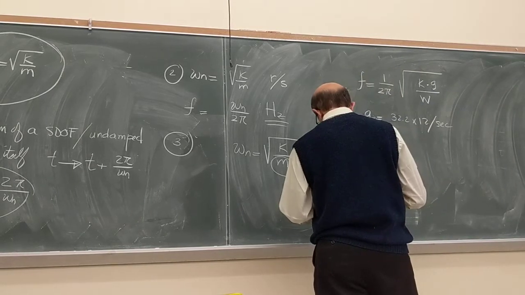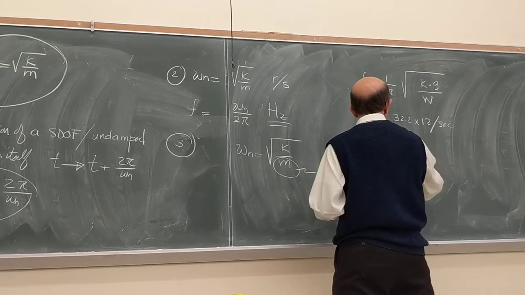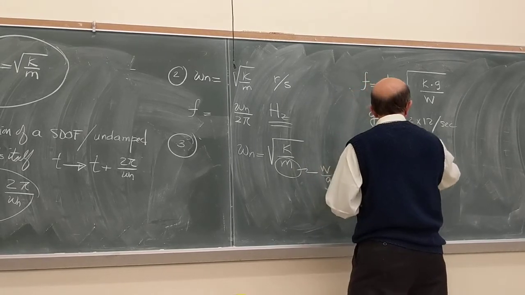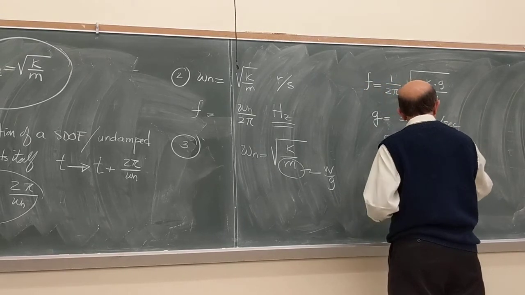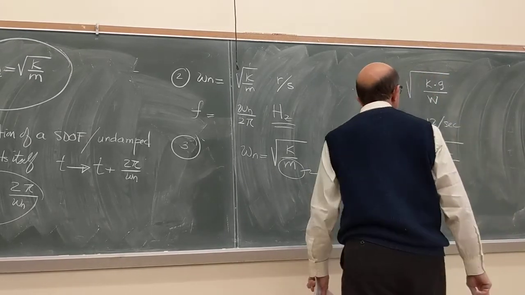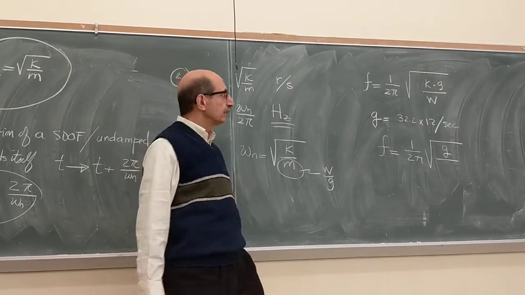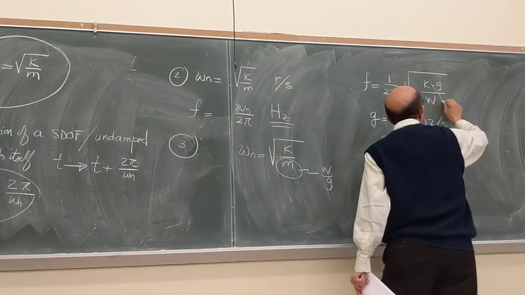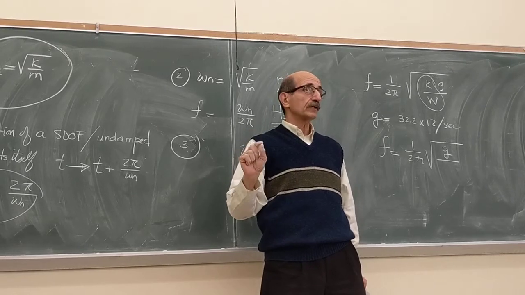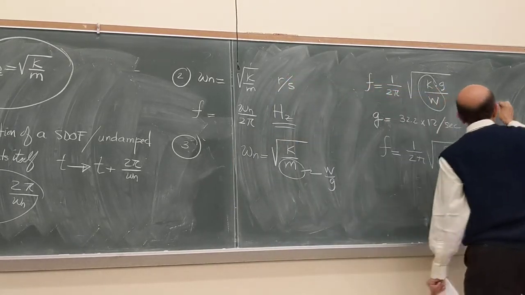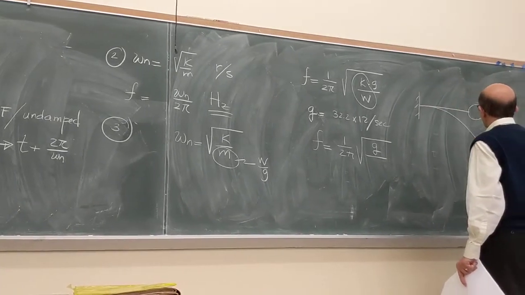And then, therefore, I can write this, if I substitute for that number, 1 over 2 pi times the square root of g over K over W. Now look at it this way. I'm going to look at it again differently. What is K over W? Assuming that the system is only moving in one direction, remember? In other words, you have something like this, right?